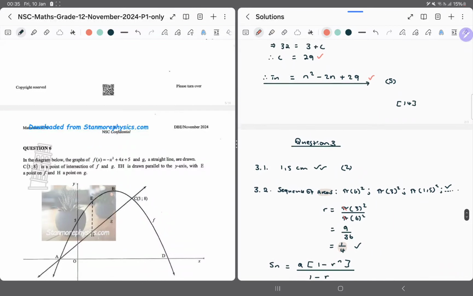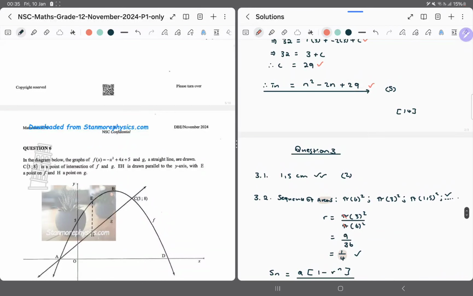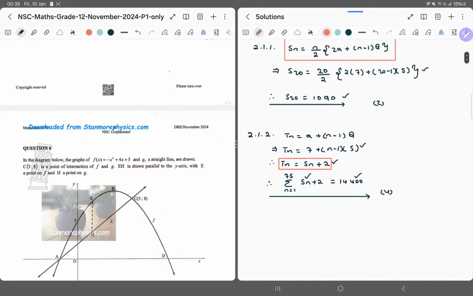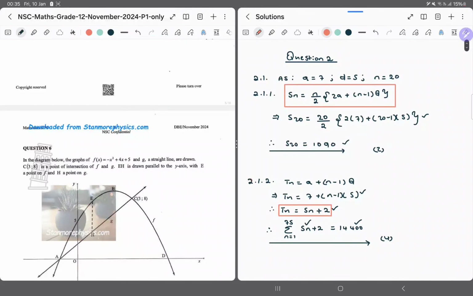So what I'm trying to say, the knowledge of functions, guys, applies heavily in sequences and series. As you can see, those patterns are nothing but algebraic expressions. We've got quadratic expressions here for the quadratic sequence. We've got a linear equation or straight line equations or linear functions for arithmetic.